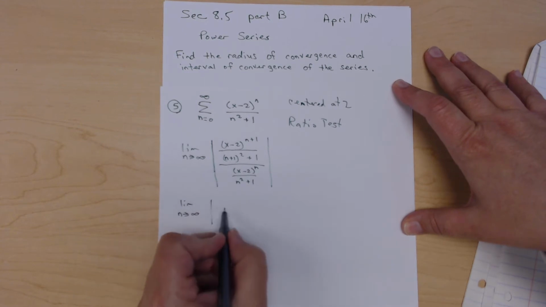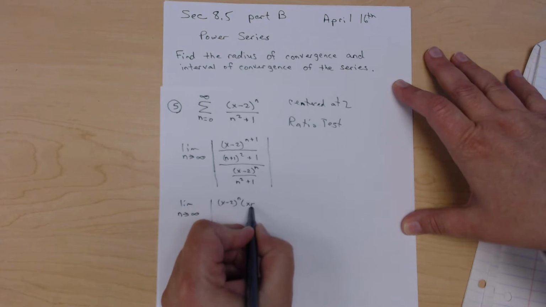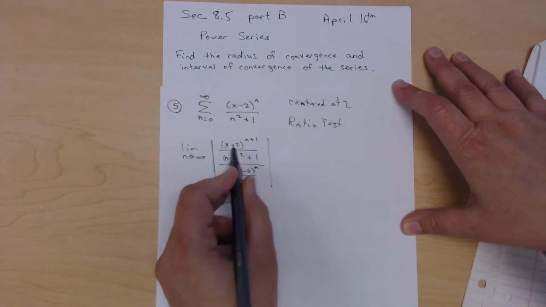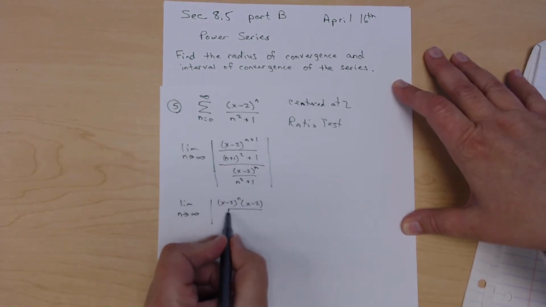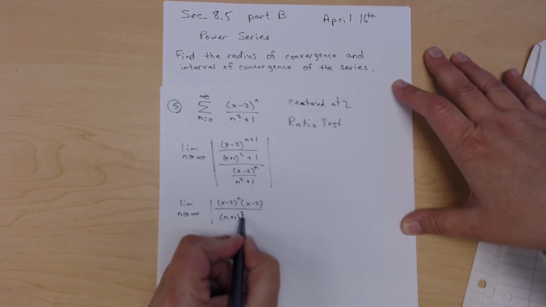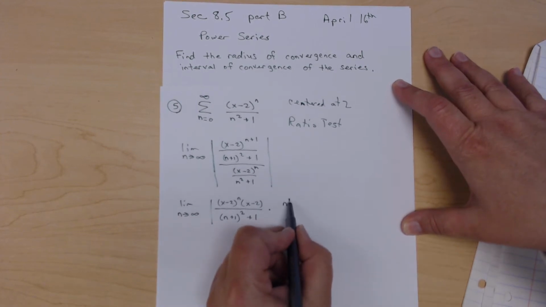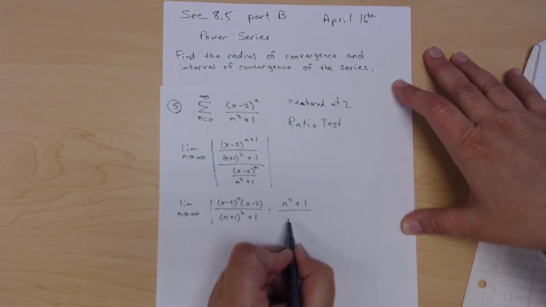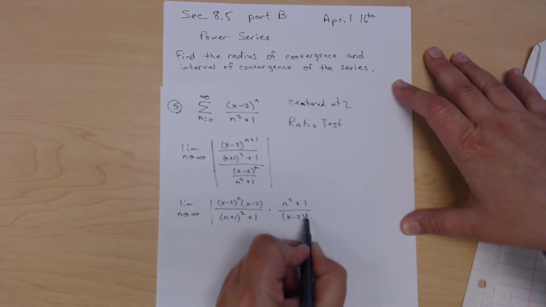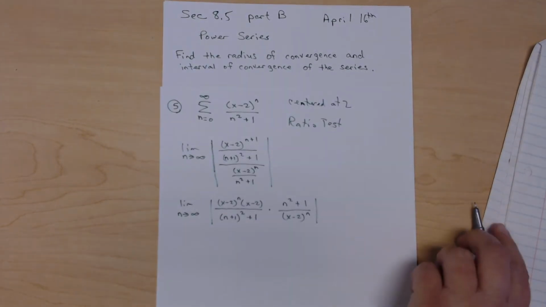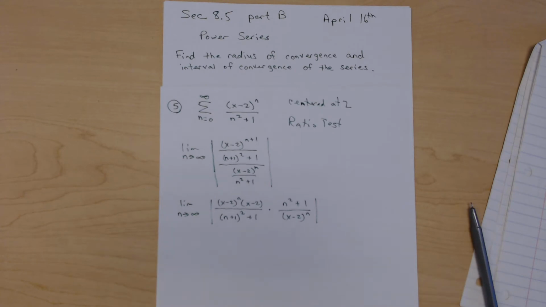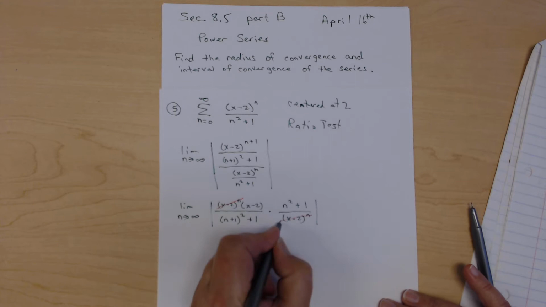So we have (x minus 2) to the n times (x minus 2) to the first, over (n plus 1) squared plus 1, times n squared plus 1 over (x minus 2) to the n. Not a lot cancels here; I think this is the only thing that's going to cancel.